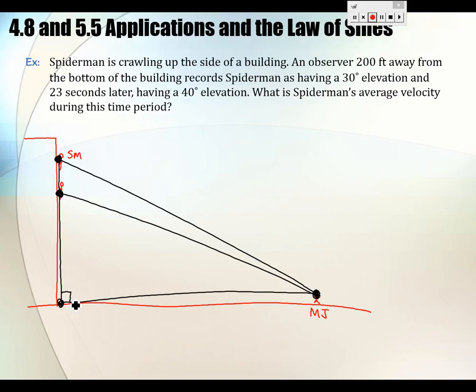"200 feet away" is this bottom piece. And here we're talking about angle of elevation, so from 30 to 40 degrees, right? So 30 degrees and then 40 degrees. That does represent an increase in height for Spider-Man, so that's good.